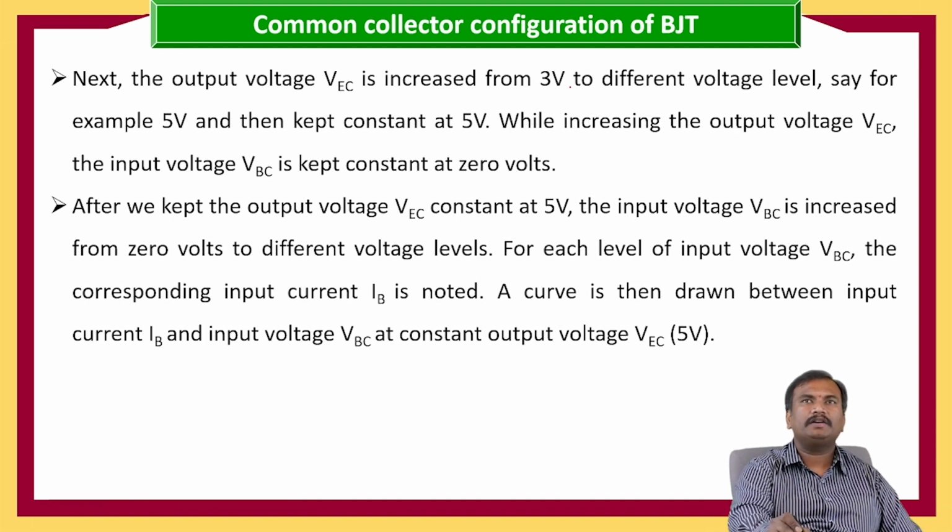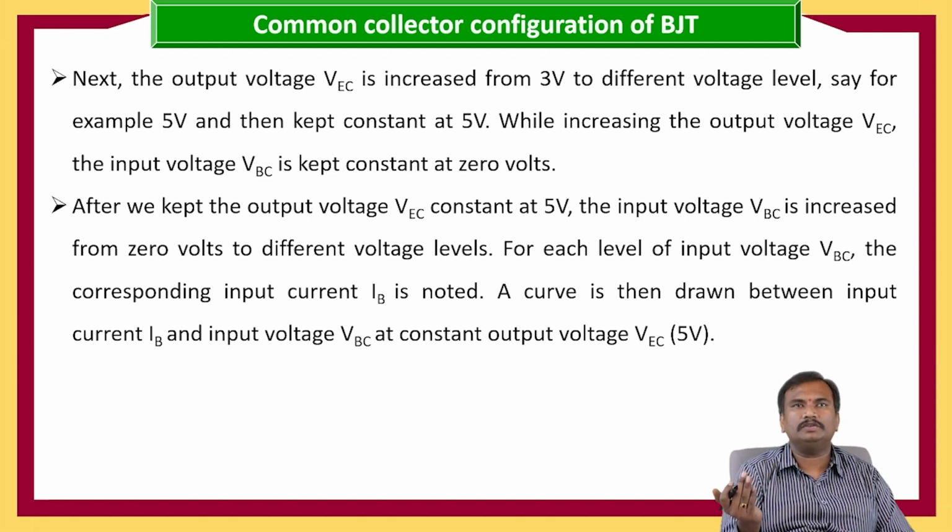Now we are changing the output voltage from 3 volts to 5 volts. Again we are going to change the input voltage and note down the input current. Based on that, we are going to draw another characteristic between VBC and IB with VEC value as 5 volts.